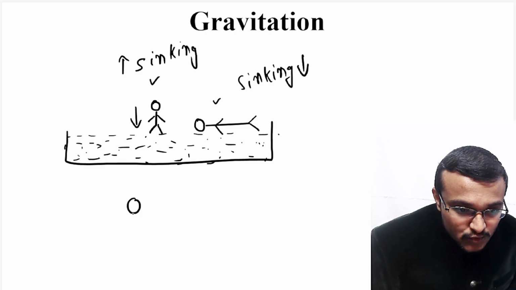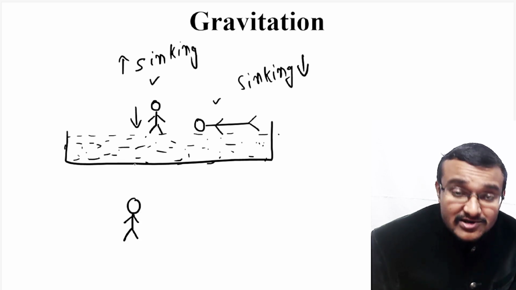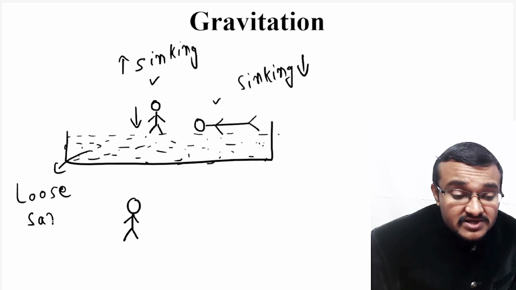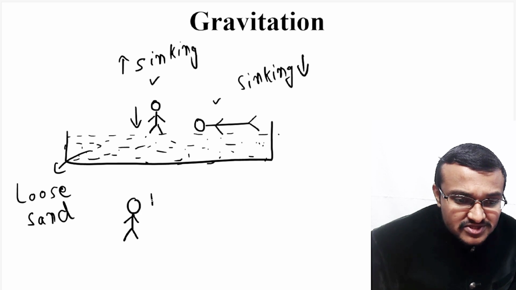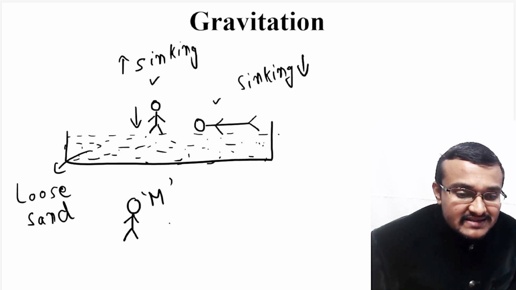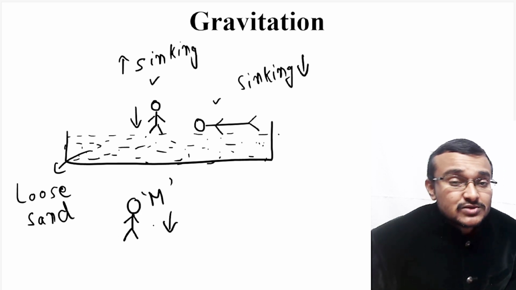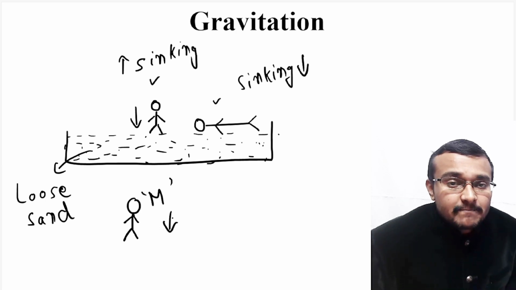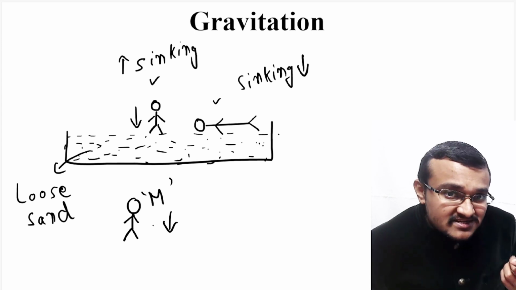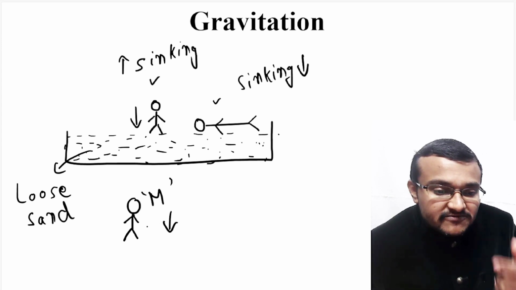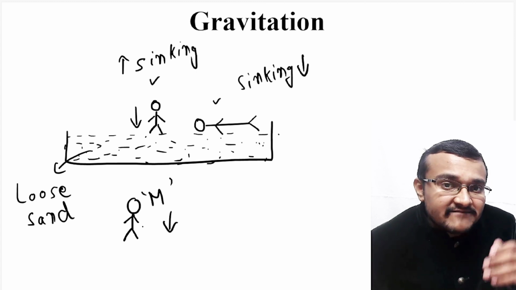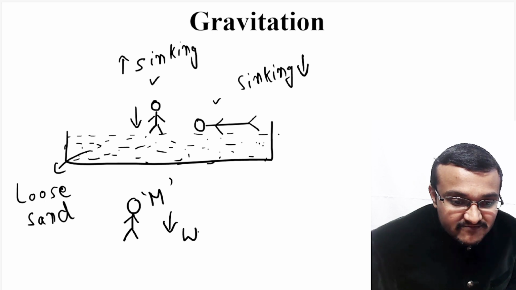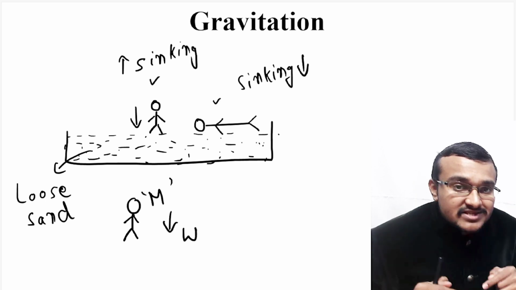Because a person who is standing on this loose sand has a certain mass m, and there is a gravitational pull downwards. Because of this gravitational force, acceleration due to gravity comes into the picture. Because of that, this person will have weight W applied on this sand.